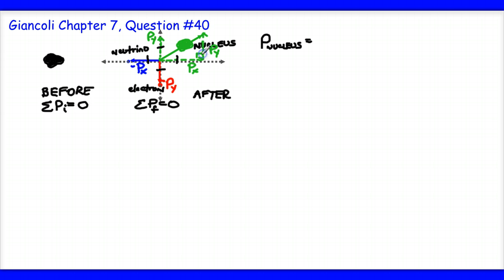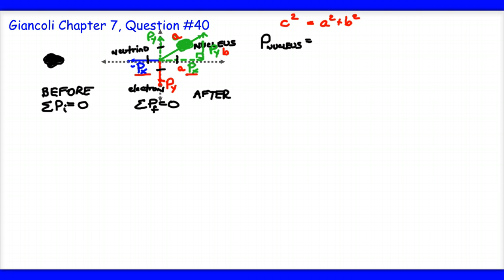I'm looking for side C of this triangle. Let me write that out in red so you can see it more clearly. With sides A, B, and C, I have the Pythagorean theorem, c squared equals a squared plus b squared, where sides A and B are components of the momentum that I actually know, because I have already established that this piece is equal to this piece. Let me write that off to the side to make it clearer.